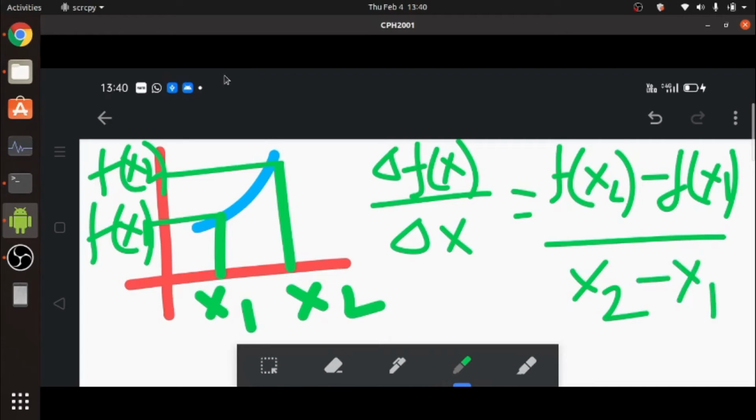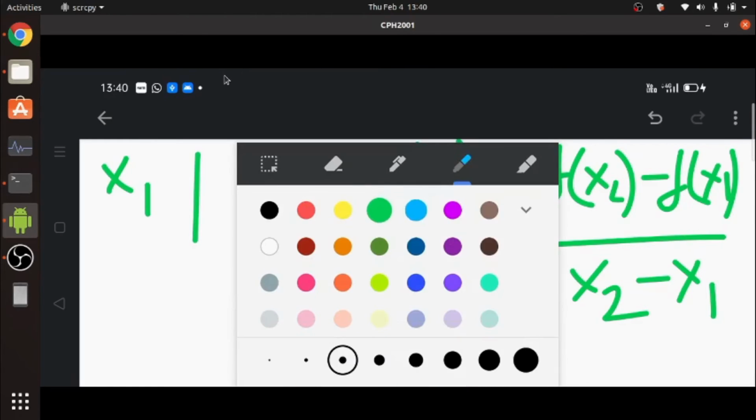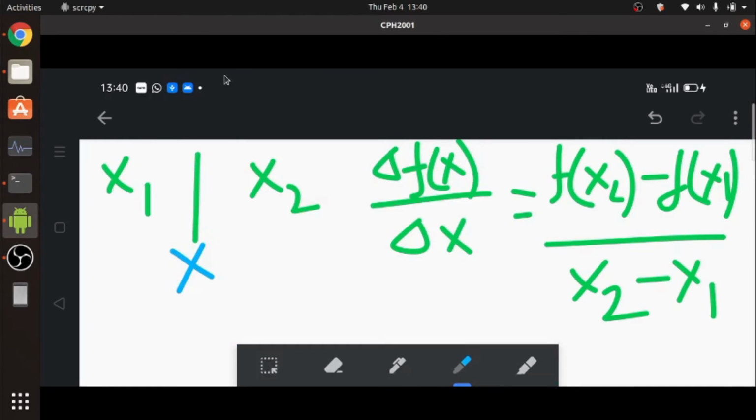So how to get this? We have already seen that x2 is the final value of x. Right now we'll choose a middle value. Here is x1, here is x2, and we'll choose a mid value called x, where the distance between x2 and x is delta, and between x and x1 is also delta.